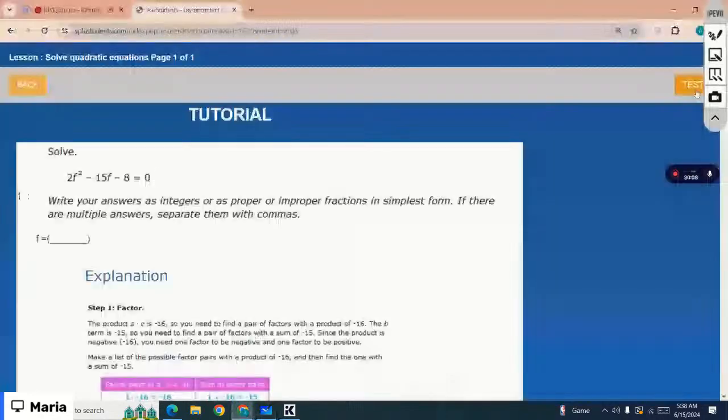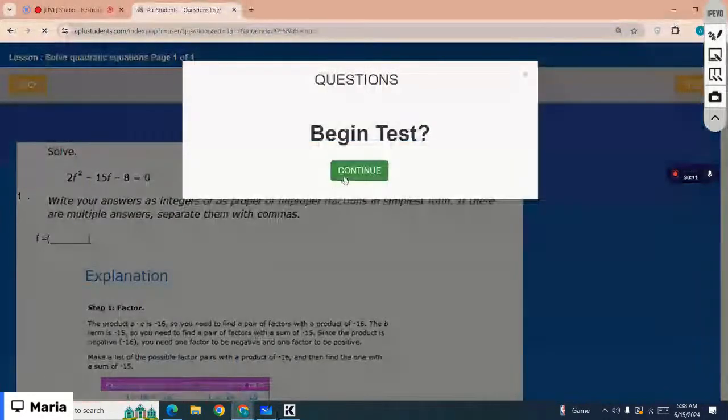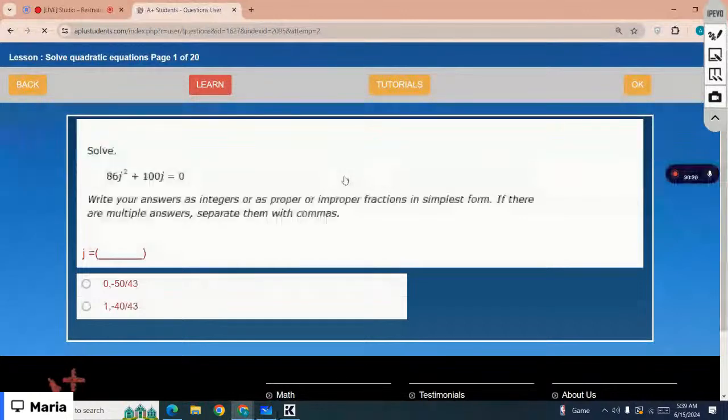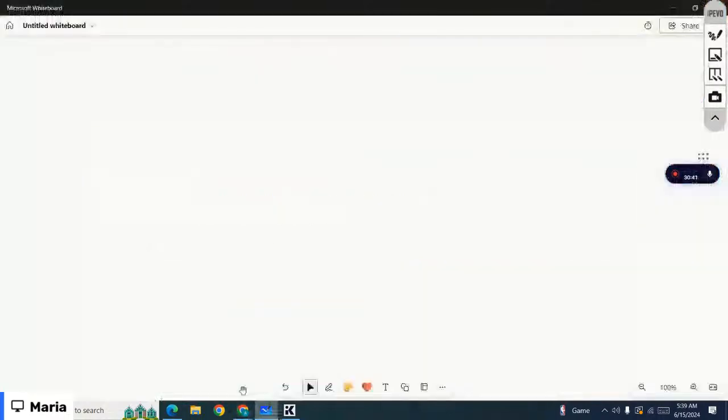Let's just start with the test questions. 86j square plus 100j, right? But let's just divide them by 2.